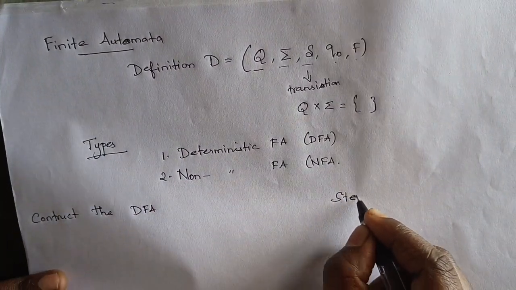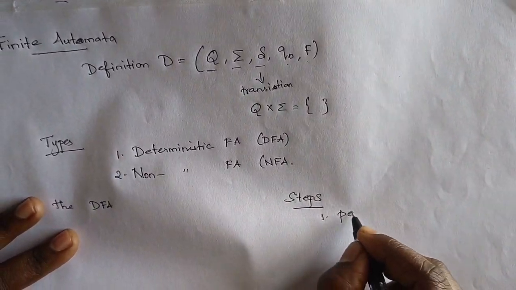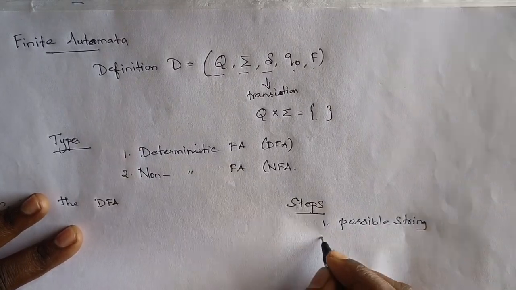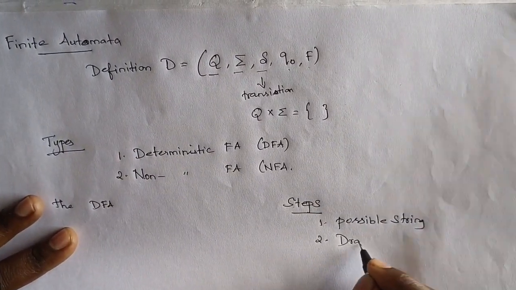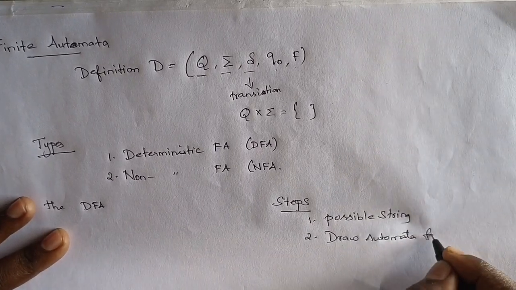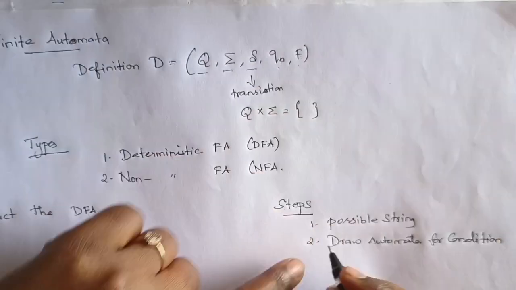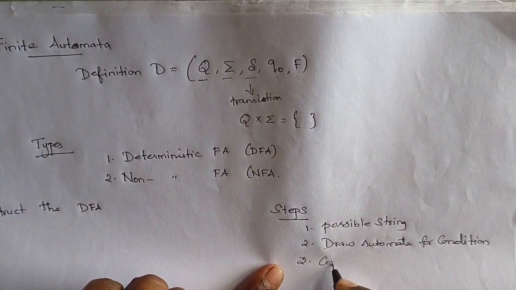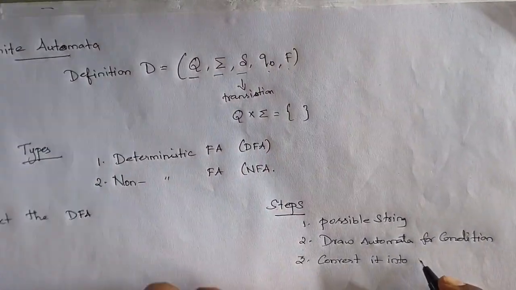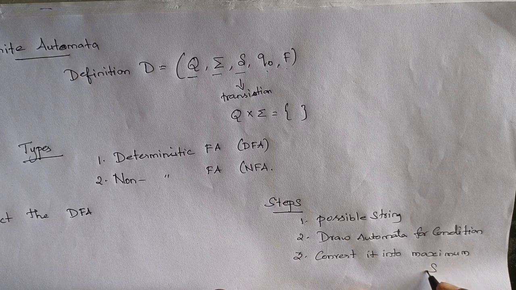The steps to follow to solve the problem are: first, write the possible strings. Second, draw the automata for the condition. Third, convert it into the maximum string.